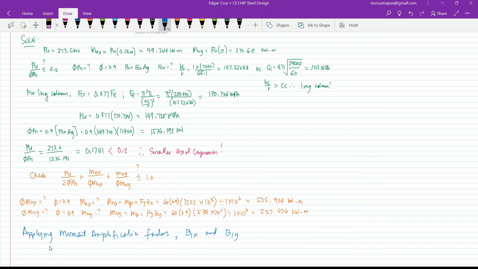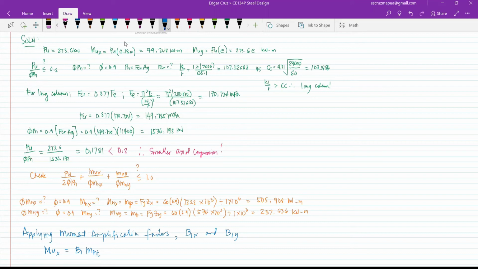So, yung MUX na na-solve natin kanina dito sa taas, yung 49, wala pa to kasing amplification factor. So, ang bagong magiging MUX natin would be equal to B1 times M, ang tawag natin doon yung MNT, no translation NT.